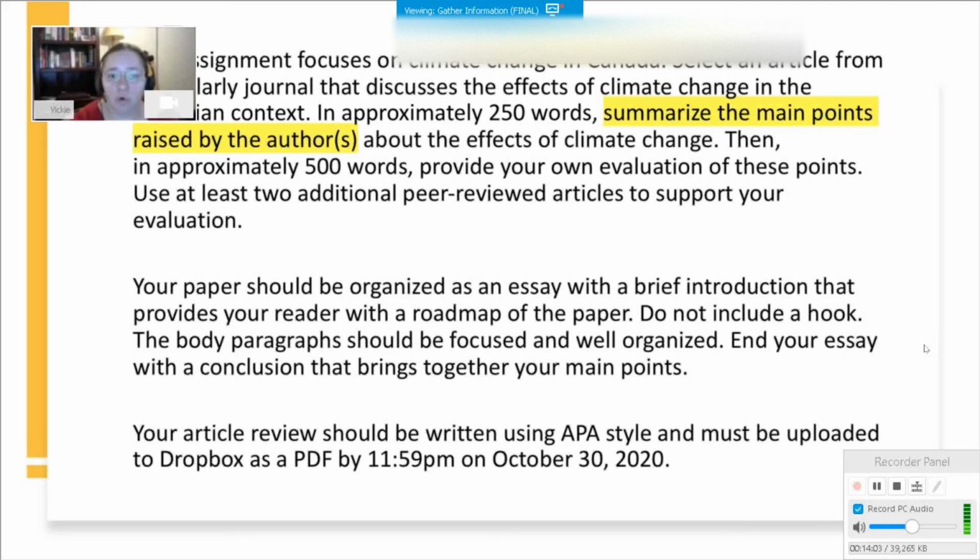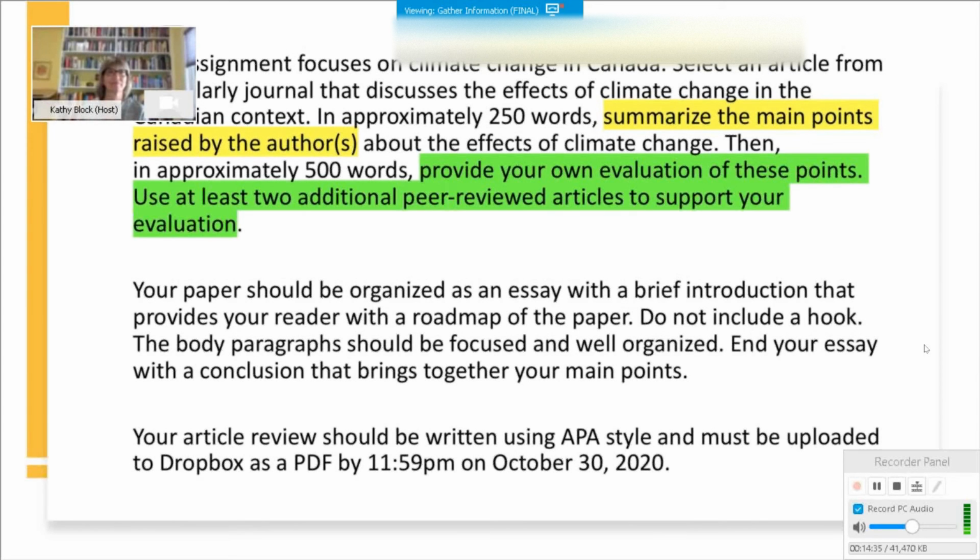In terms of knowing more about what you need to read, there are 2 pieces that are very important here. So one, in an article you select, you will summarize the main points raised by the author or authors about climate change. The word summarize lets you know that you will need to read the entire work and be able to condense the ideas expressed by the authors. Next slide, please.